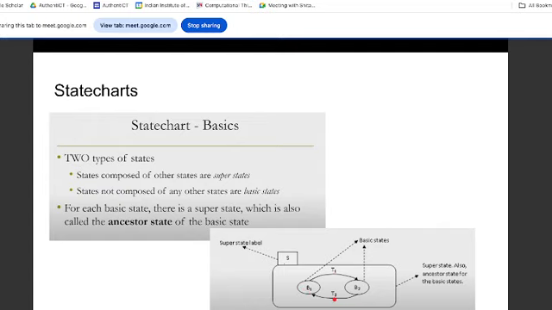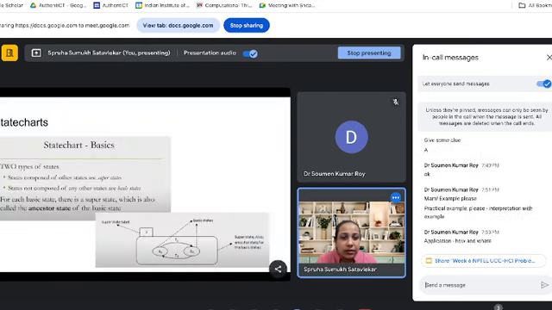Switching on and switching off are the transitions. On and off, 1 0 and 0 1, are the basic states. Containing this entire thing is the subsystem, the super state, which may be the switch state. So that way we can interpret it.